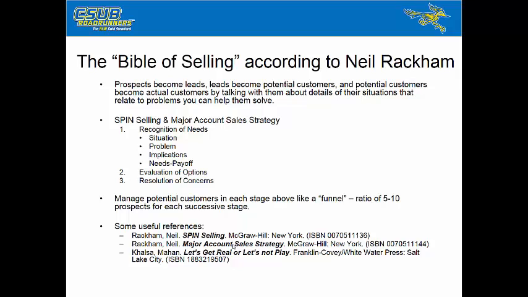So each of those phases, recognition of needs, evaluation of options, and resolution of concerns, should have 5 to 10 prospects each in order to wind up with somebody that moves on to the next stage.